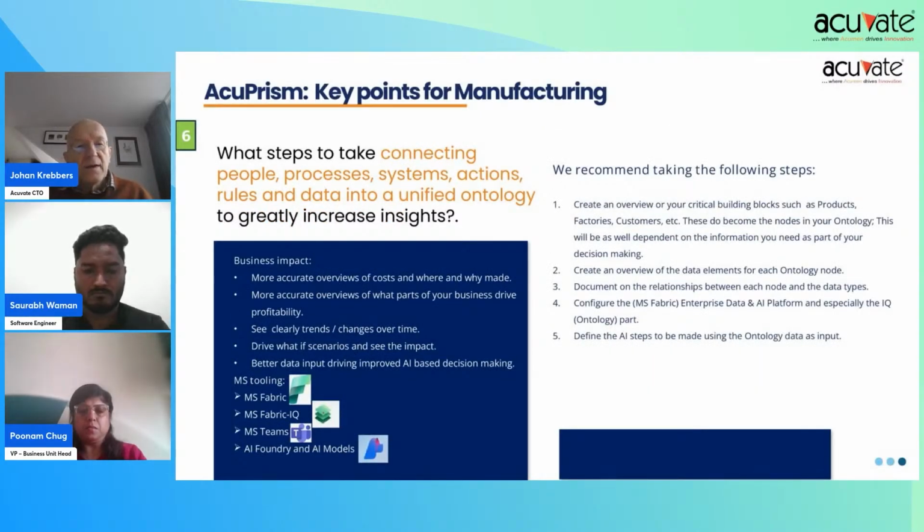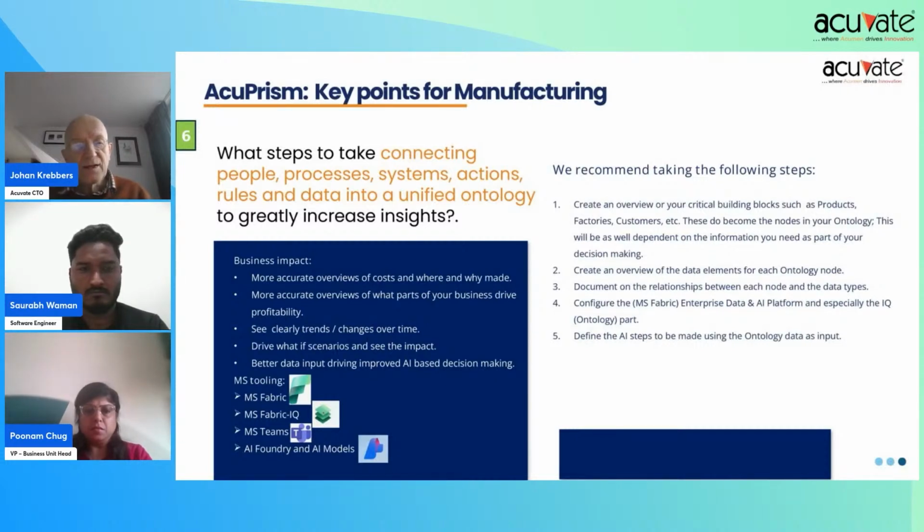This is all about, you have all this information about your environment, and we create an ontology of your setup. An ontology includes the major building blocks of your environment. So if you have a manufacturing site, it will include your production lines, your factories, the products you're producing.